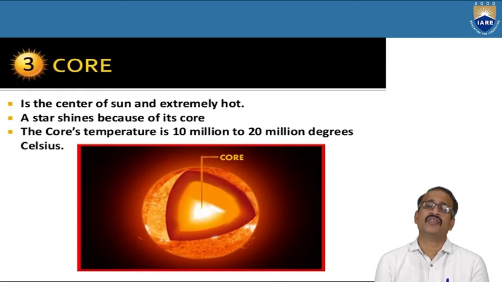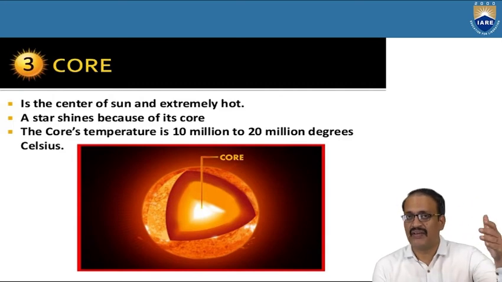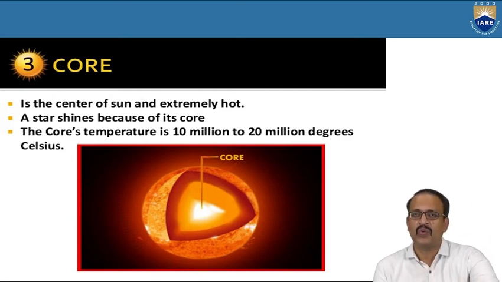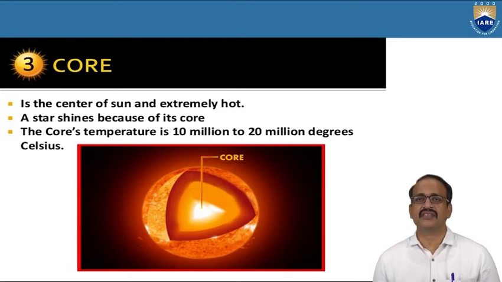Core. This is the center, where we get all this light and heat because of nuclear fission. Who is forcing this? Actually, it is dust. This dust has been forced with that much pressure to form into gases.